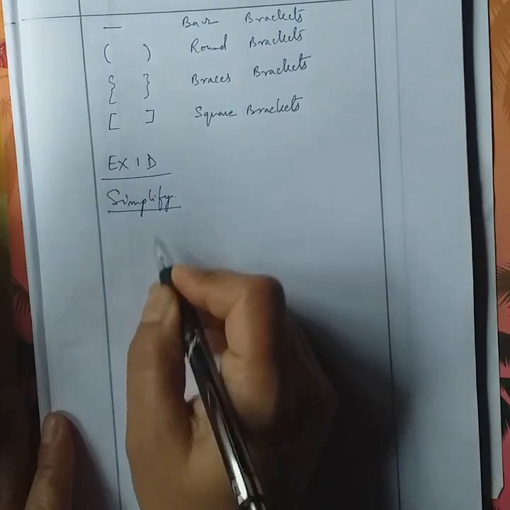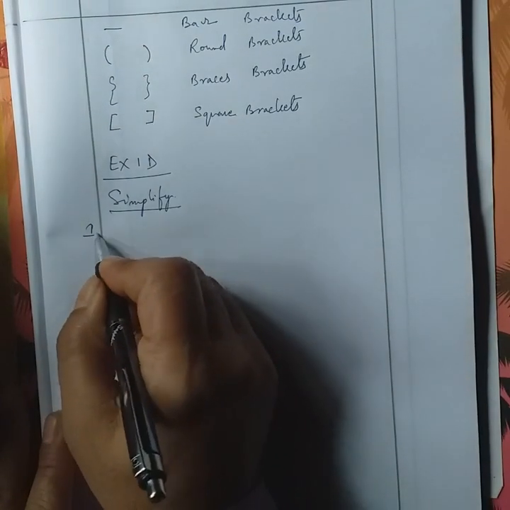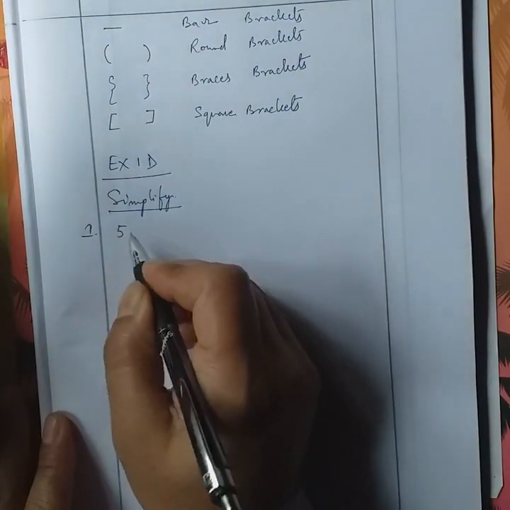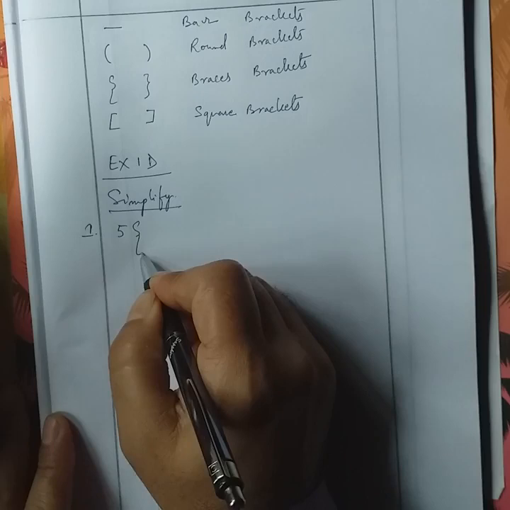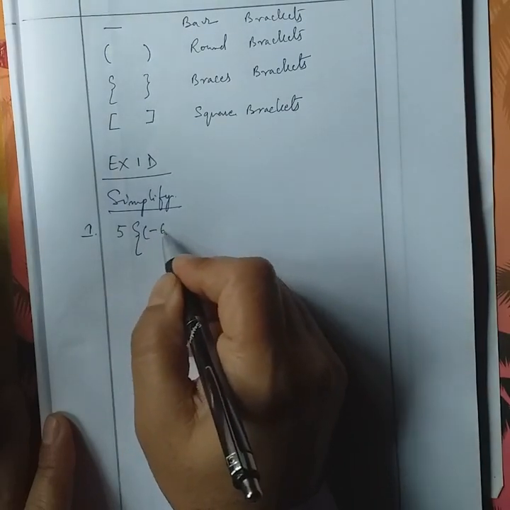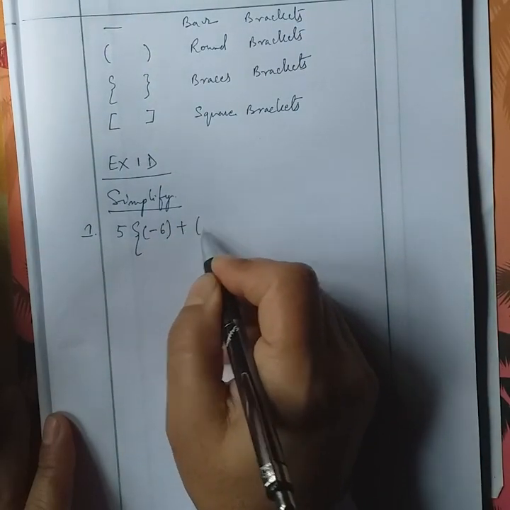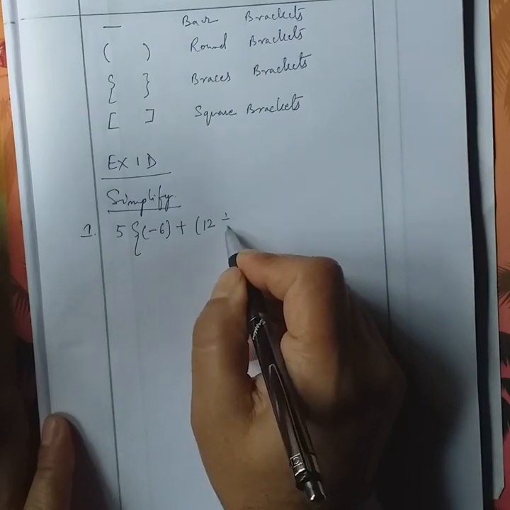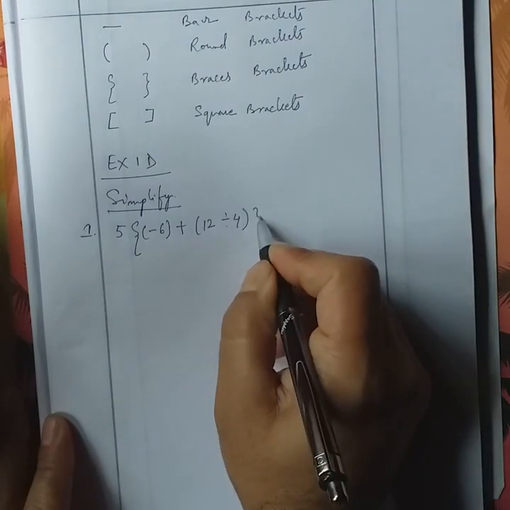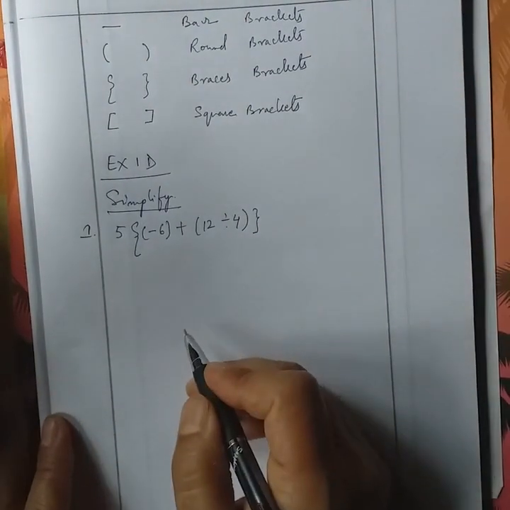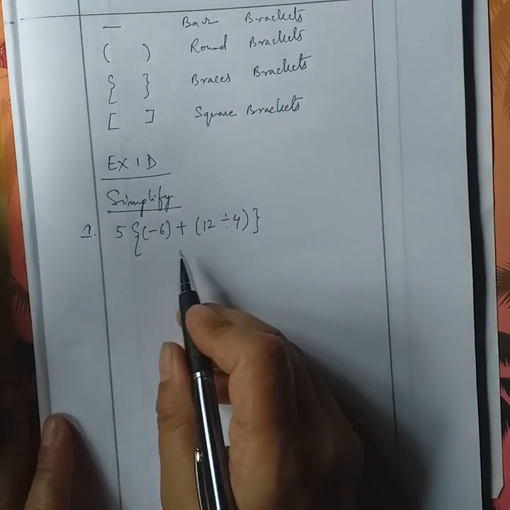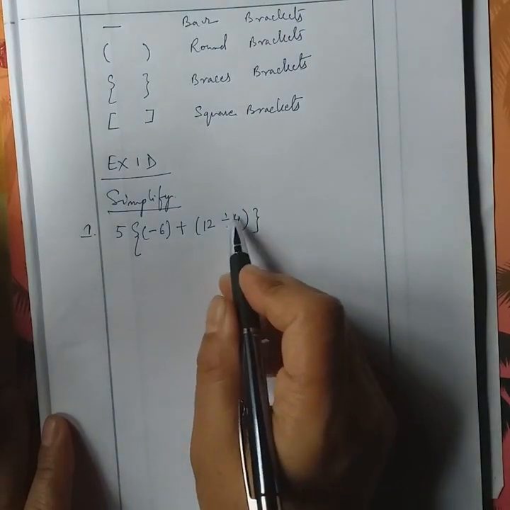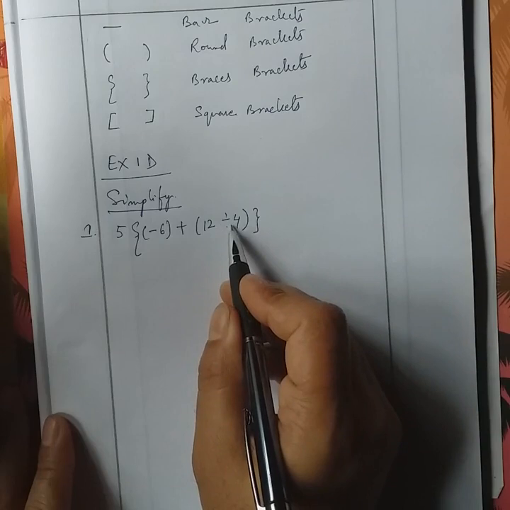Simplify, question number 1. 5 curly bracket, round bracket minus 6 plus, round bracket 12 divided by 4. So this is a very simple sum. First of all, we have to solve inside this round bracket.